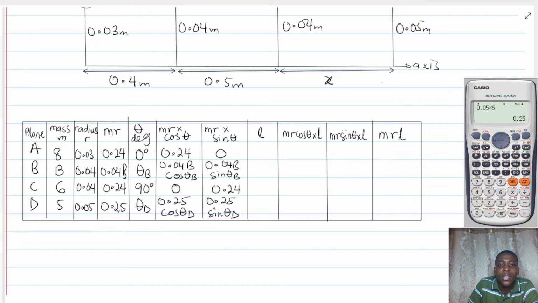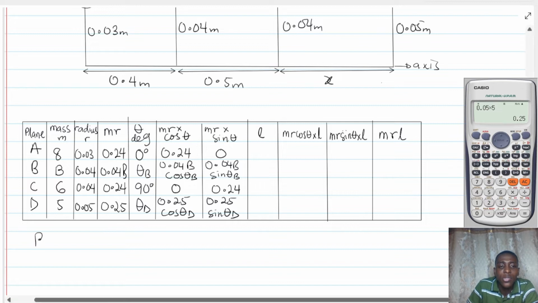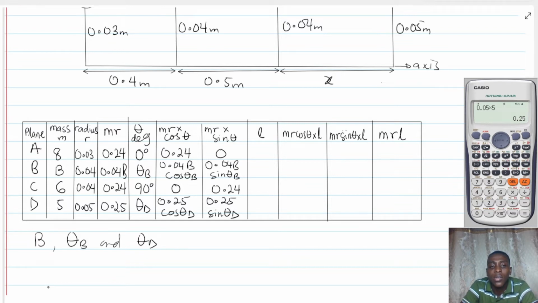So the question is, I have 3 unknowns: B, theta B, and theta D. These are the 3 unknowns as it stands now. But to be able to solve for them, we have to take a certain reference plane and take moments from there. The best choice is to find the one with several unknowns.